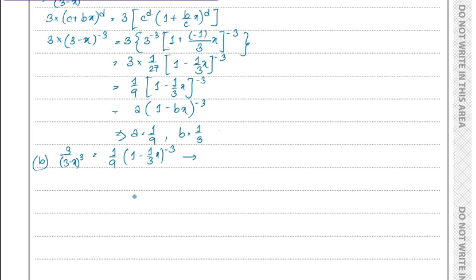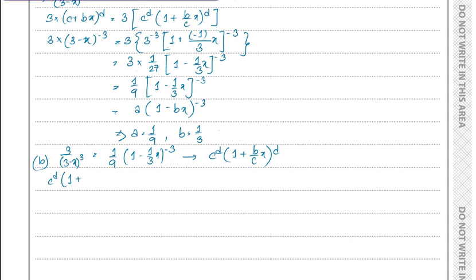So c to the power d bracket 1 plus b by cx to the power d.